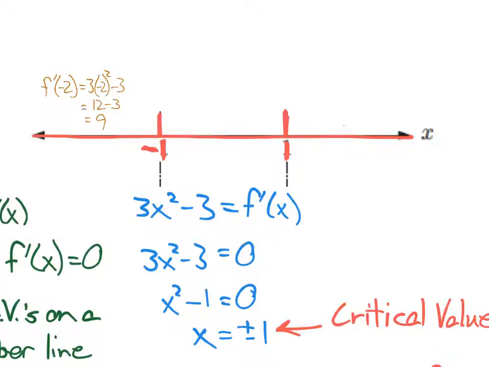I don't care that it's 9. What I care about is the fact that it is positive 9. What that tells me is that if the derivative is positive at negative 2, it's going to be positive everywhere from negative infinity all the way up until I get to negative 1. So what do I know about the function if the derivative is positive? It's increasing. So I like to draw myself a little arrow like that to show the function is increasing.